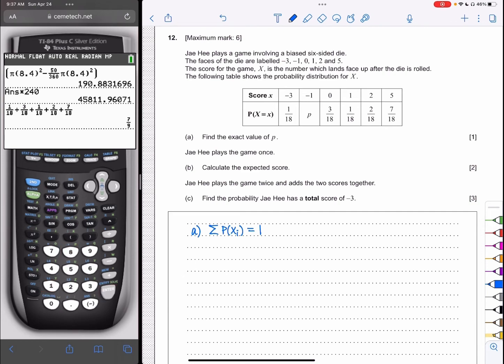So I know that my sum should end up being 7 over 9 plus P is equal to 1. So if I subtract 7 over 9 on both sides, 1 minus 7 over 9 is 2 over 9.